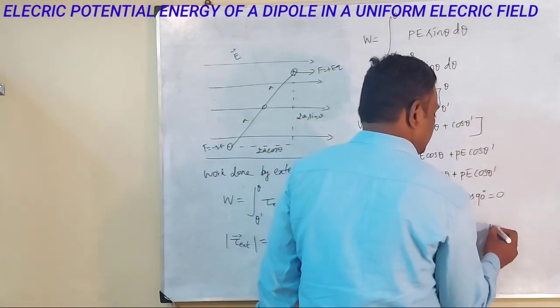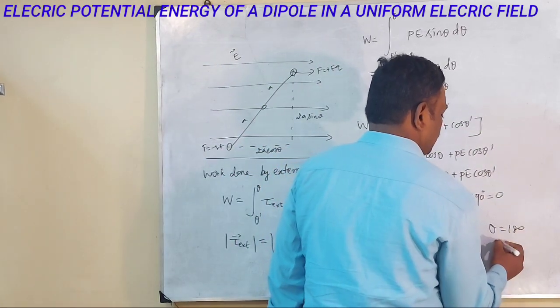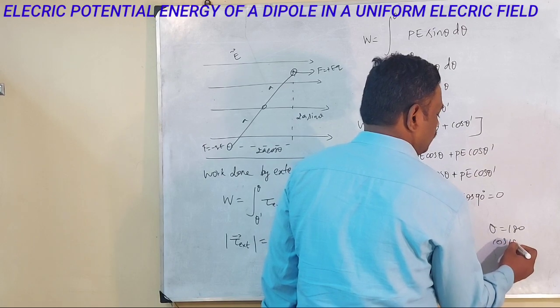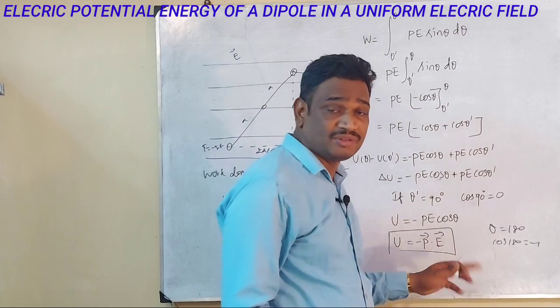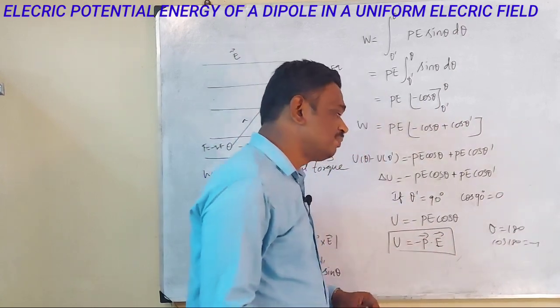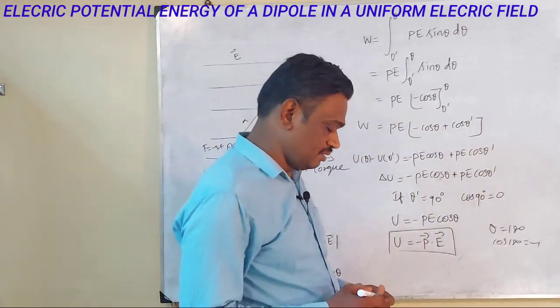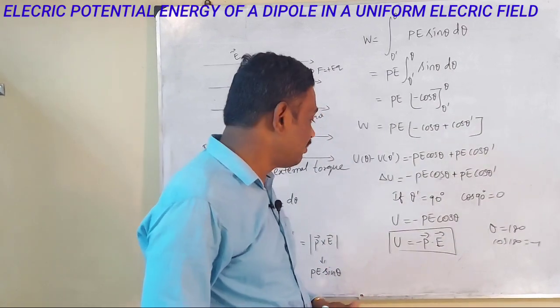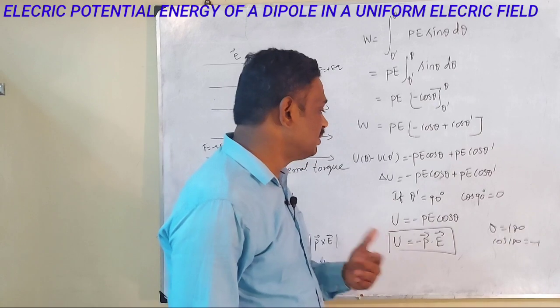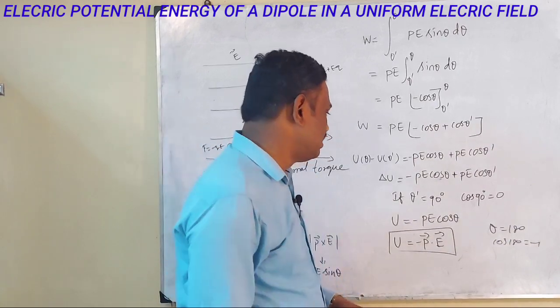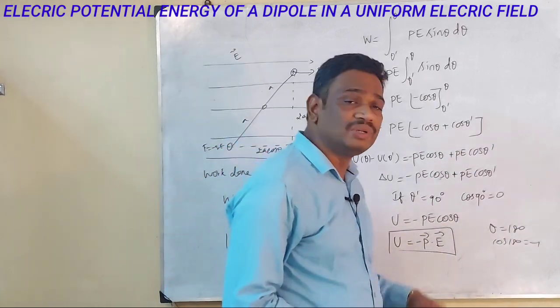In this case cos 180 is equal to minus 1, so already we have a minus, and minus into minus becomes plus. So epsilon is equal to plus P. So it will have a maximum potential energy at an angle of 180 degrees, and minimum potential energy at an angle theta equal to 0 degrees.